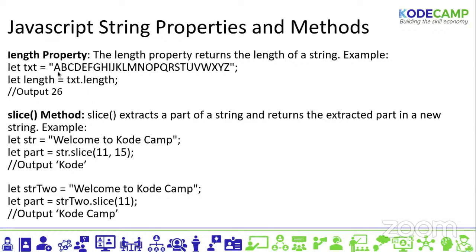Which means if we count 1, 2, 3, 4, 5 like that till the end, we'll find out that there are 26 characters inside this string. I hope you guys are getting it. That is peculiar to this string named txt.